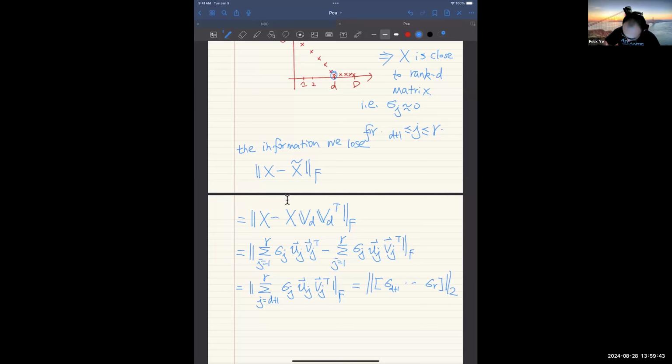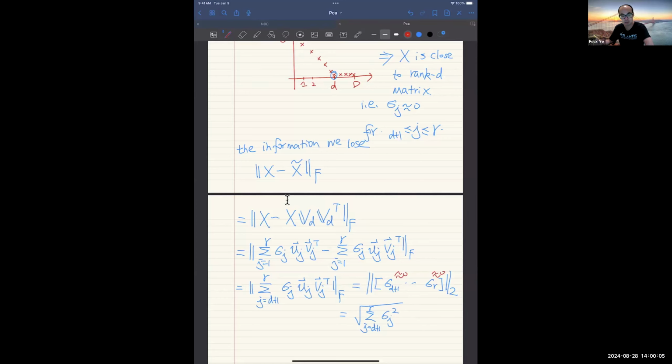Right, so this becomes the square root of the summation j from d plus 1 to r of sigma j squared. We know each of these, if everything is close to rank d, are all very close to 0.